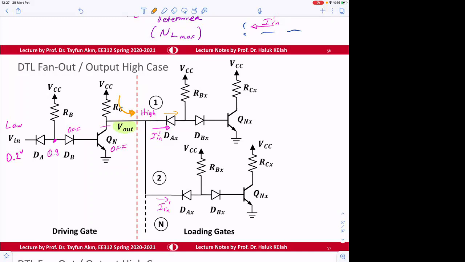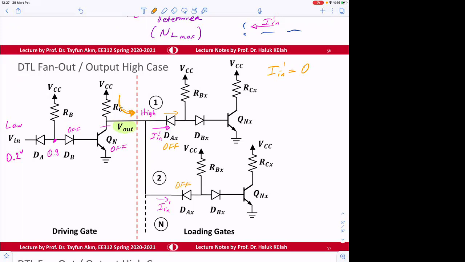So in fact, we call it 0. I mean, we cannot have a current path here. So this will be, in fact, off. This will be off. So IN prime is going to be 0. I mean, in fact, it's IS maybe, but it's 0. Okay.